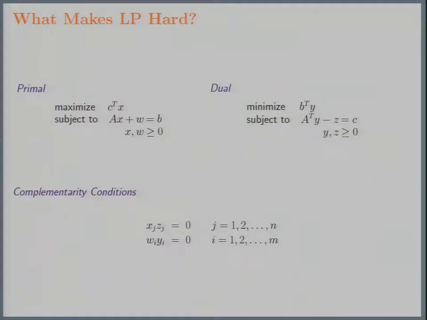And if we could find an x, a w, a y, and a z, the x and w are feasible for the primal, and the y and z are feasible for the dual, and there's no duality gap, then we've solved the problem.